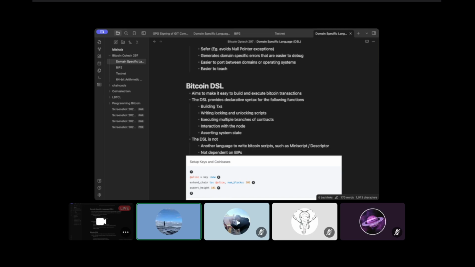But what this DSL is not, is another scripting language like miniscript or descriptors, and it is not dependent on any new Bitcoin Core code. It uses whatever is available and creates a domain-specific language out of it.